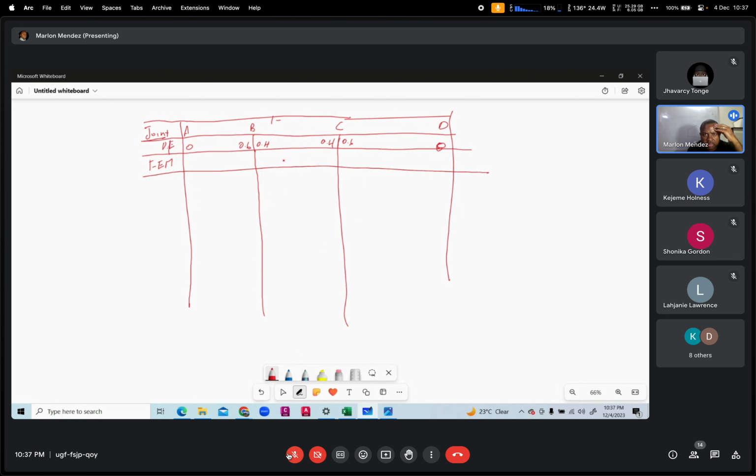The fixed end moment just for the beam BC was minus 26.7 and 13.3.